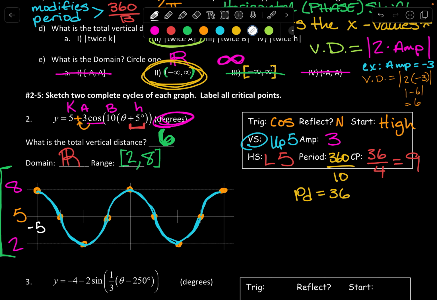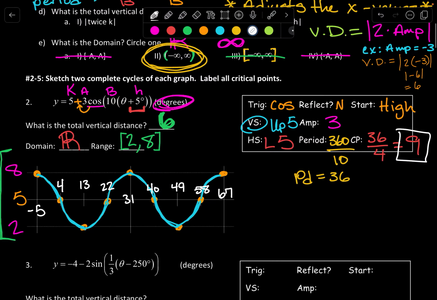And from there, every tick mark goes up 9. So -5 plus 9 is 4, plus 9 is 13, plus 9 is 22, 31, 40, 49, 58, 67.